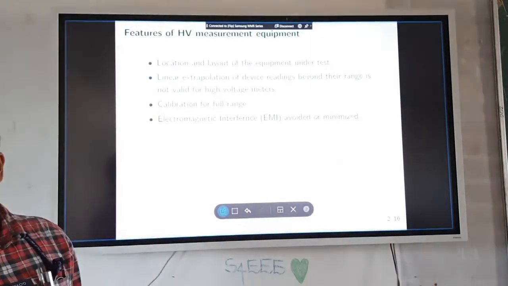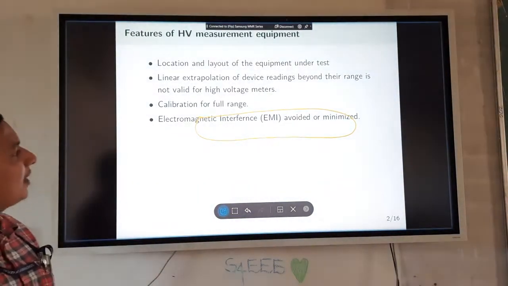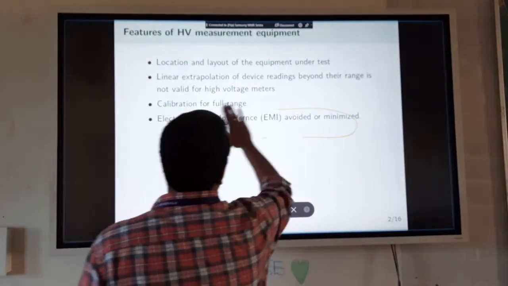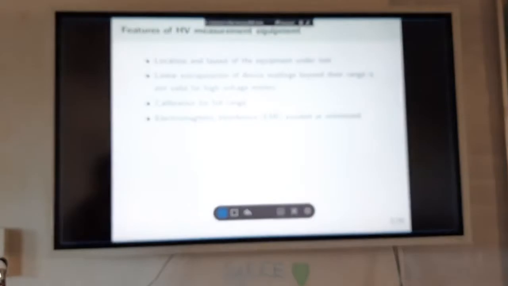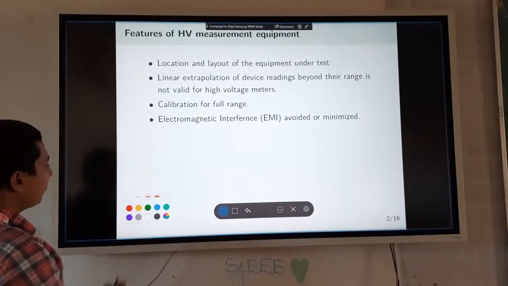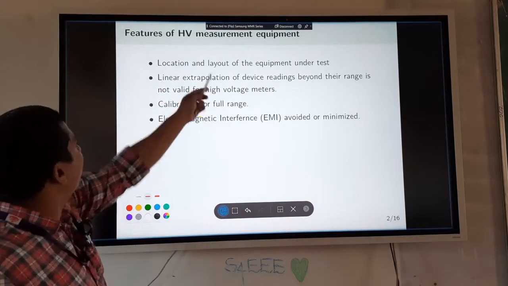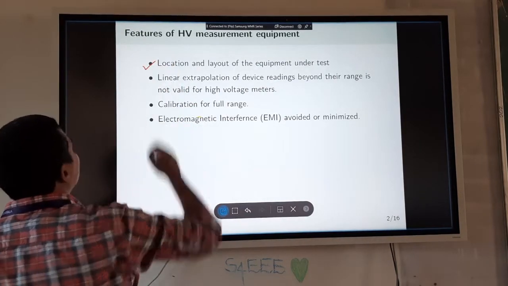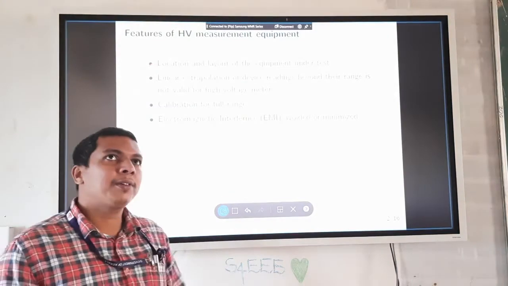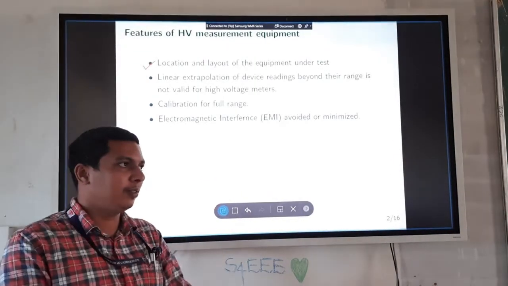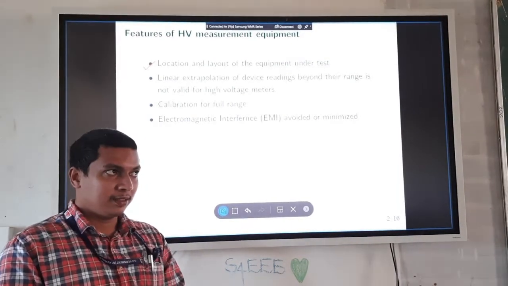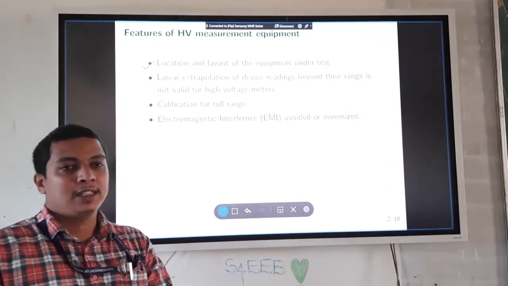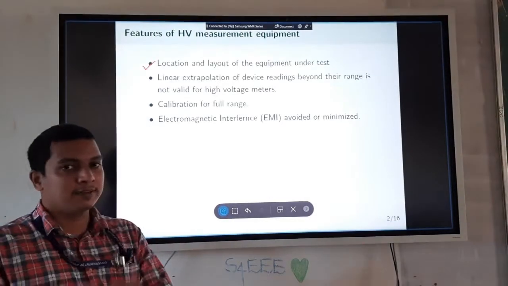Okay. So let us discuss some of the features of this high voltage measurement equipment. The first point is the location and layout of the equipment under test. It means you are going to measure voltage from the bushing of a transformer, or inside your lab you are going to test one of the equipment.